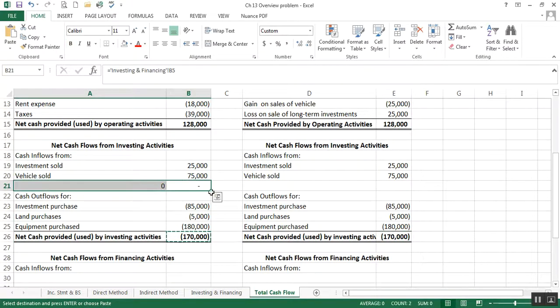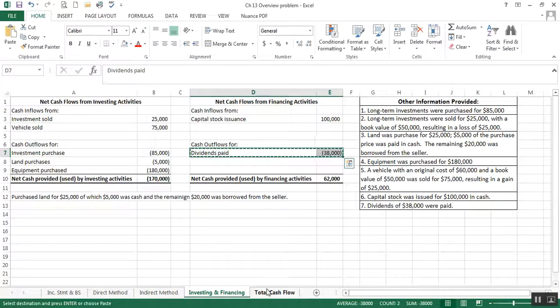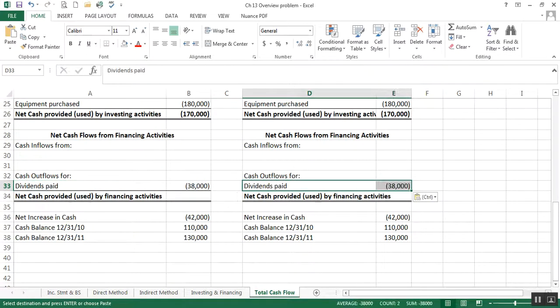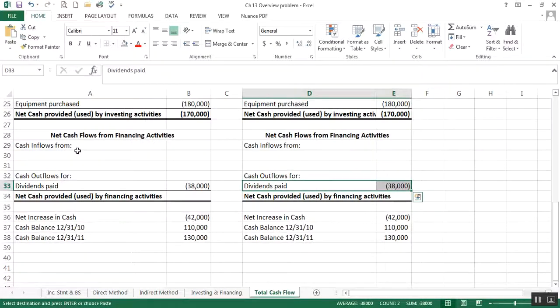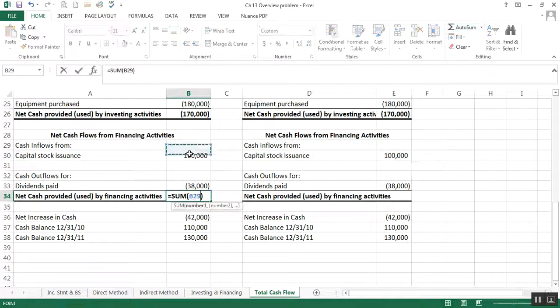All right, now we're going to look at our financing. So dividends paid and capital stock issuance here. And we're going to add that up to get 62,000.